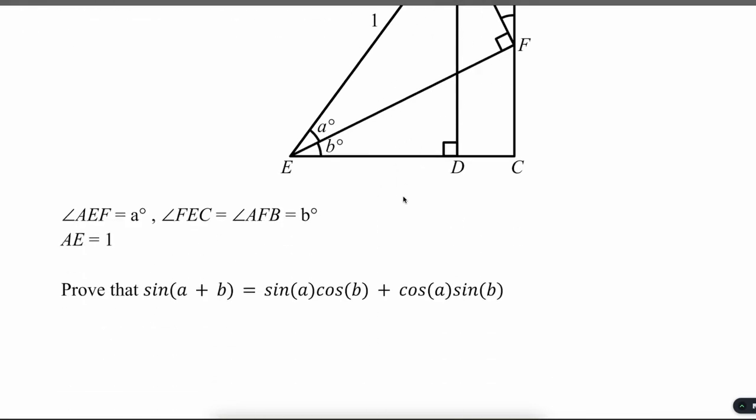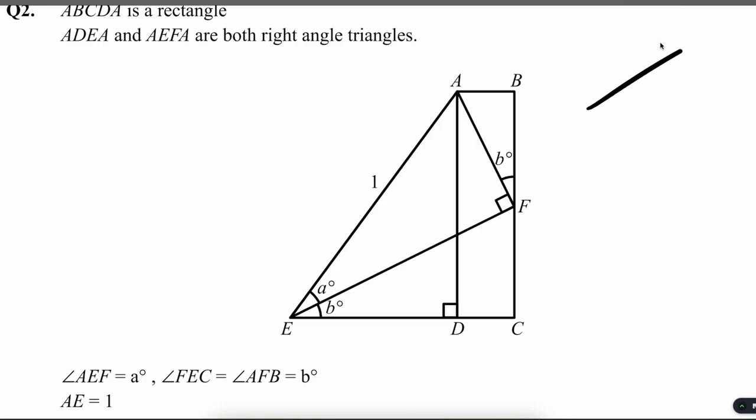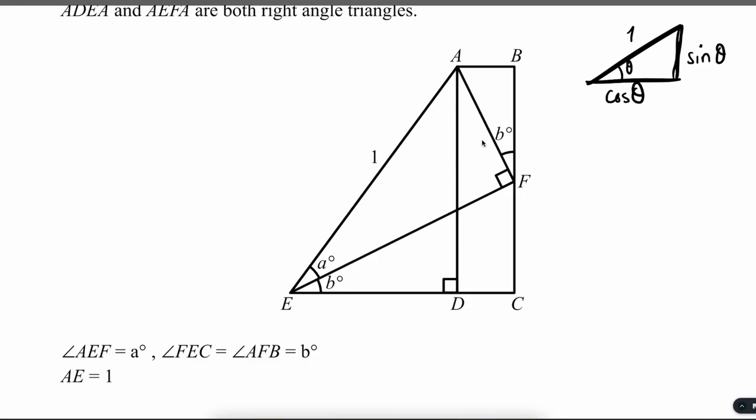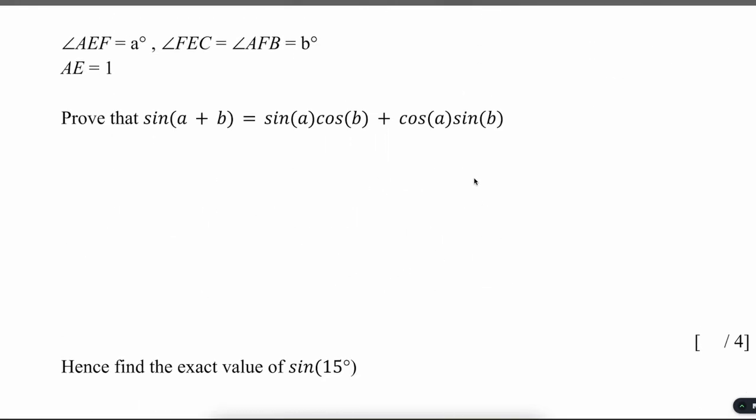So, using our unit triangle, okay, something that you need to know is that if the hypotenuse is 1, and if this is theta, then this is sine theta, and this is cosine theta. Okay? And using that same principle, we can work out using this triangle here that's diagonal, this right angle triangle here. We know that EF, so let's write this down because it's a proof.